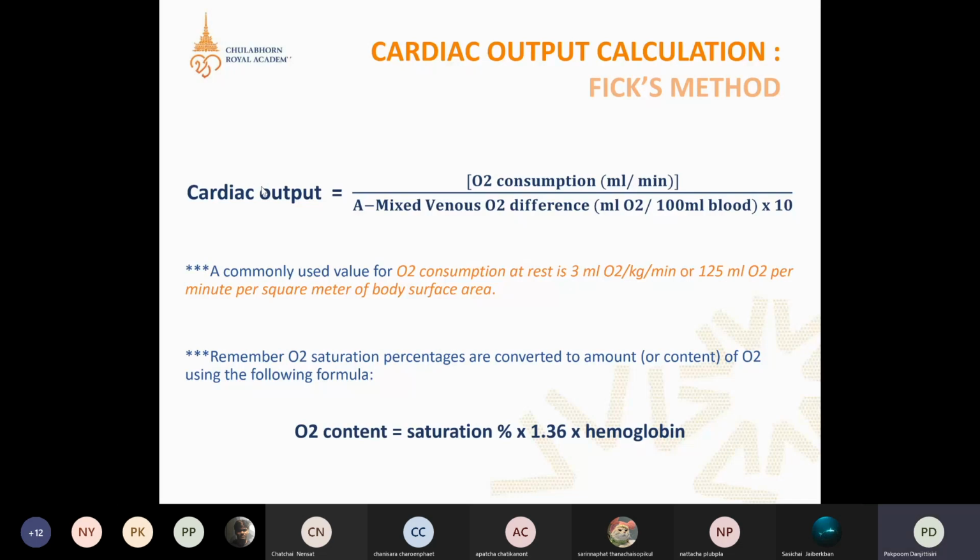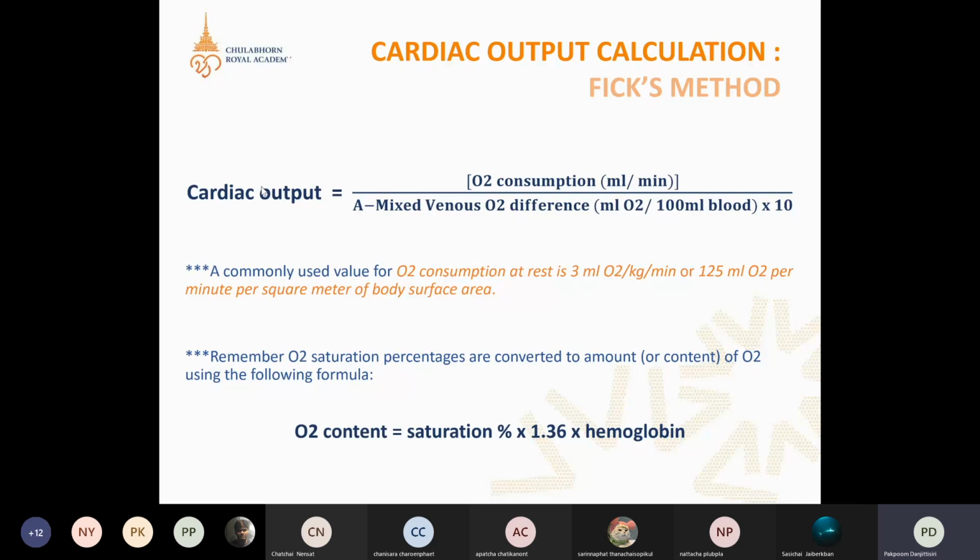When you do left or right side heart catheterization, you have to be able to calculate the cardiac output. The common equation is from the Fick method, which you can use to calculate the output.